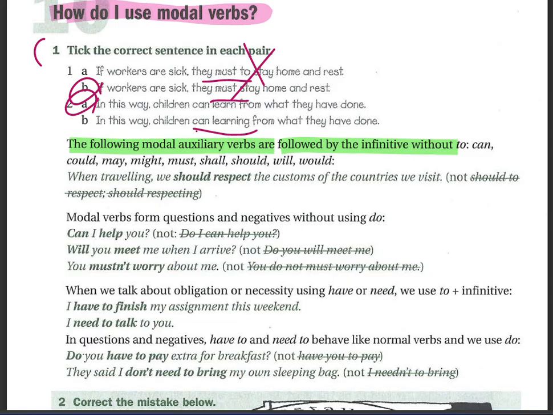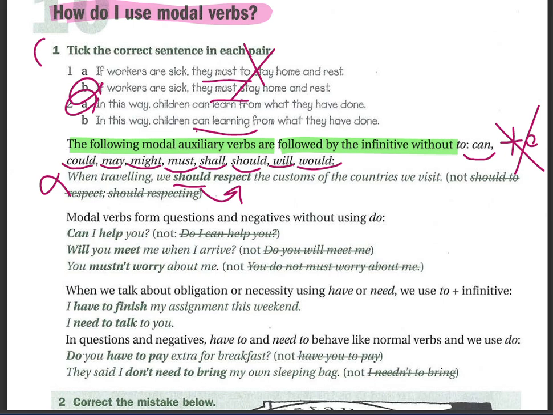So after auxiliaries like can, could, may, might, must, shall, should, will, would, we don't use to. Look at the example. When traveling, we should respect the customs of the countries we visit. After should, respect. Not should to respect, or should respecting.